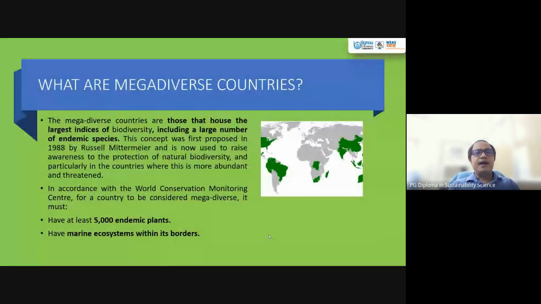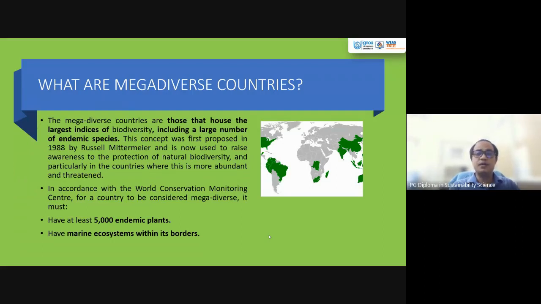Then another way we identify the pattern of biodiversity spread across the world is through megadiverse countries. Megadiverse countries are those that house the largest niches of biodiversity, including a large number of endemic species, so endemism is also considered here.